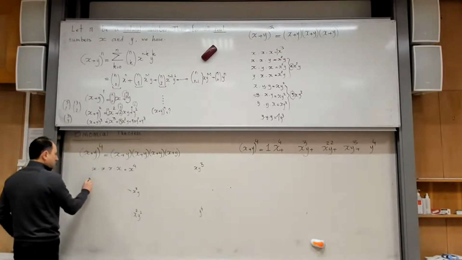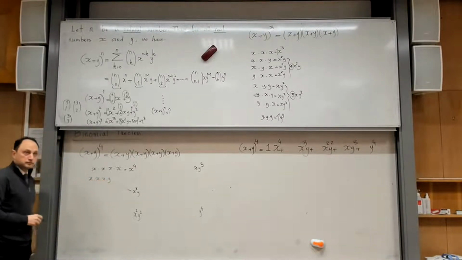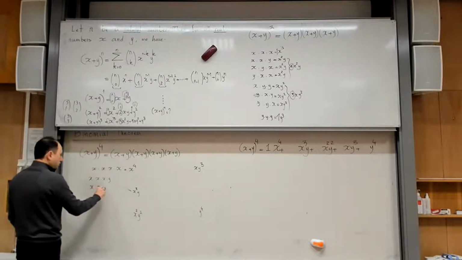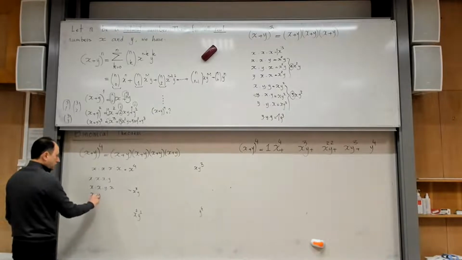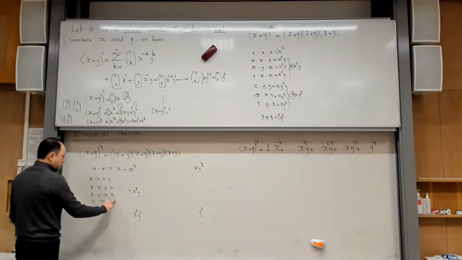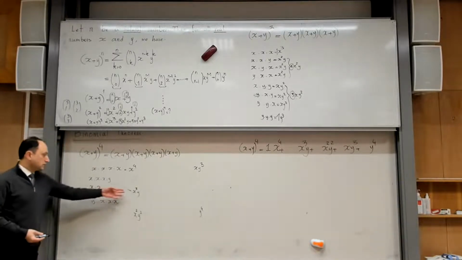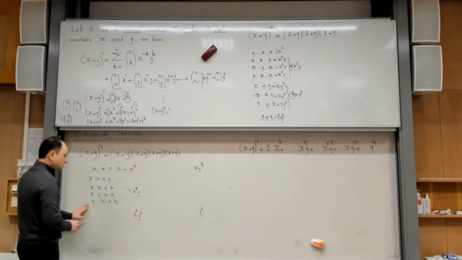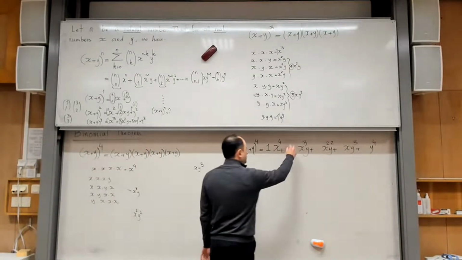One possibility is to choose x, x, x, y. Another possibility is x, x, y, x. Another possibility is x, y, x, x. And finally, y, x, x, x. Can you see any other combination which gives rise to this? The answer is no. So how many of them are there? 4. Yeah. So it means that you have 4 here.